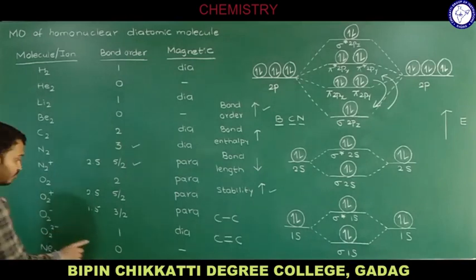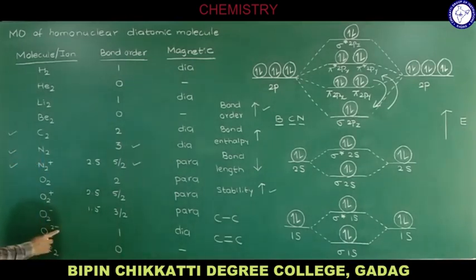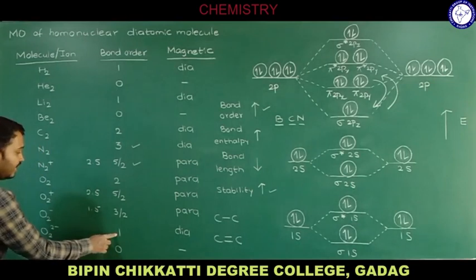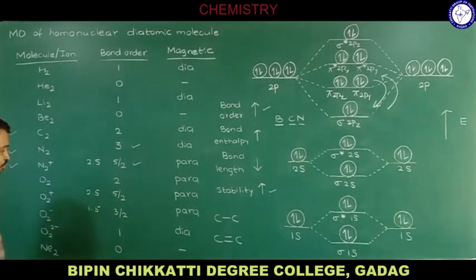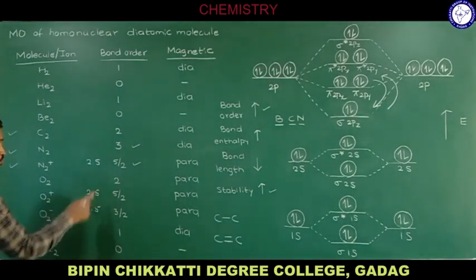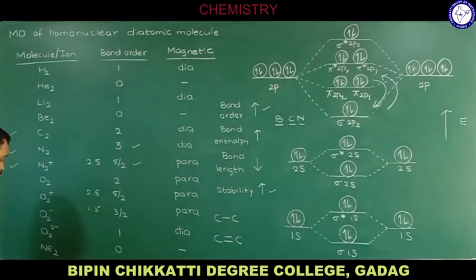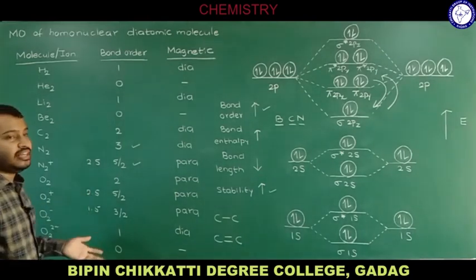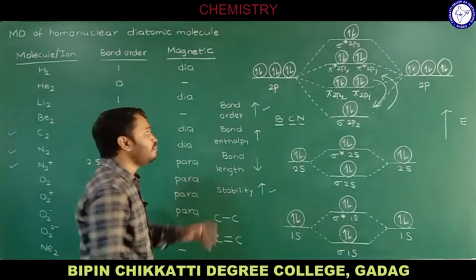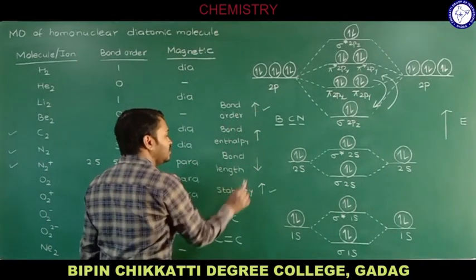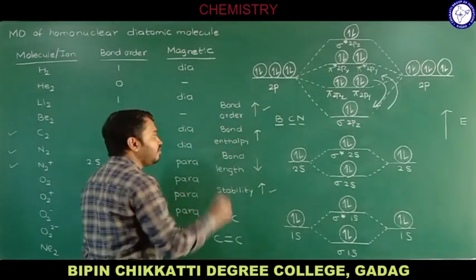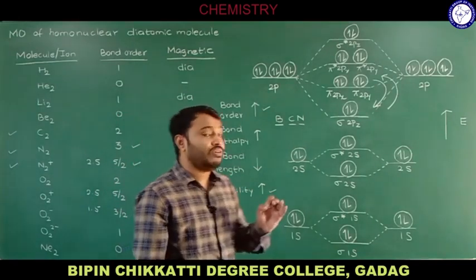Then O2 2 minus, the bond order is 1, so it is less stable when compared to 1.5 and 2, but more stable when compared to Ne2, which is 0 and has no existence. So remember that when bond order increases, stability increases, and similarly we can explain bond enthalpy and bond length also.